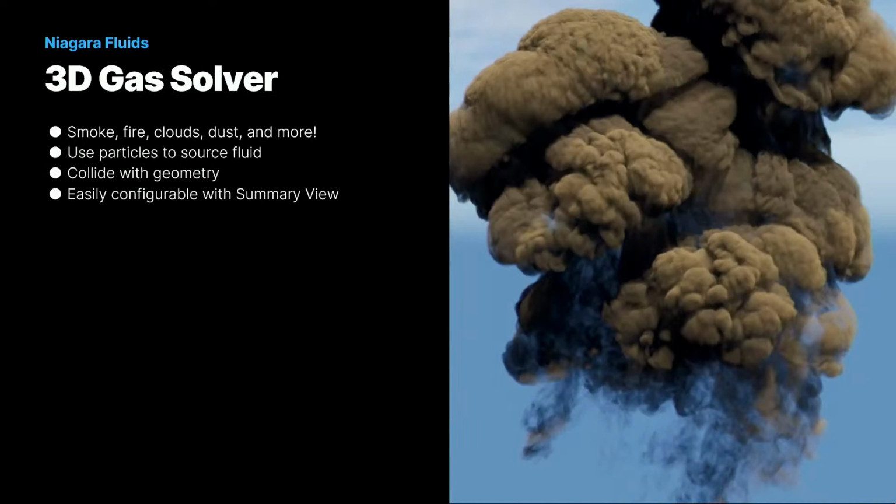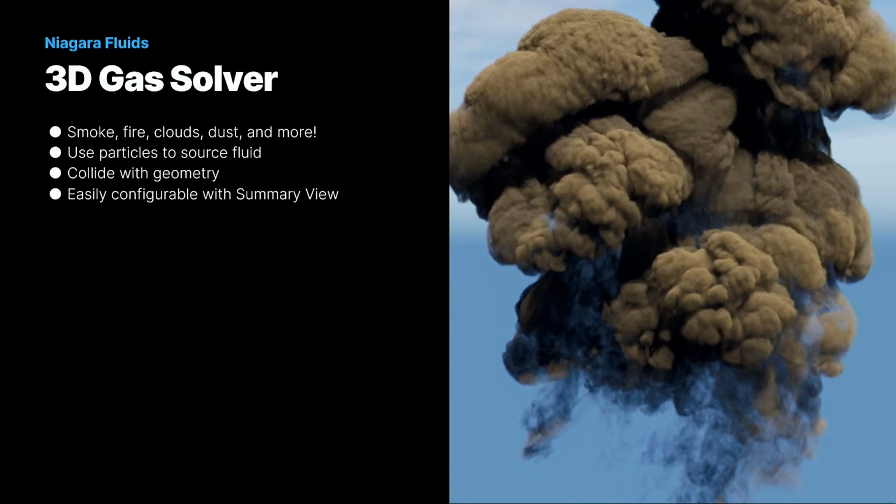So the focus of the talk today, for my part, will be the 3D gas solver. And this is what we use for the windmill effect. You could use it for all kinds of volumetric gas effects other than fire and smoke. So, clouds and dust and fire, I don't know, sort of magical things.